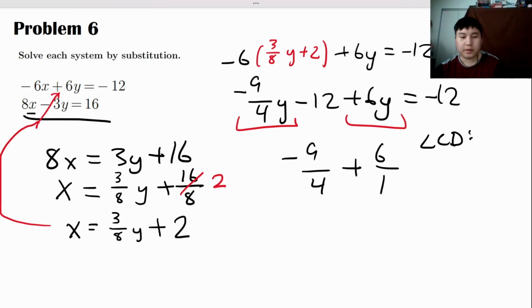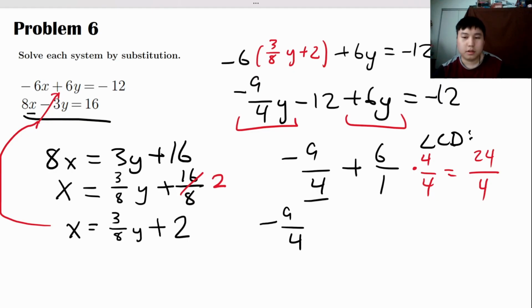Since the least common denominator is 4, and 1 times 4 is 4, I must multiply 6 over 1 by 4, giving me 24 over 4. Now negative 9 over 4 plus 24 over 4 is 15 over 4.